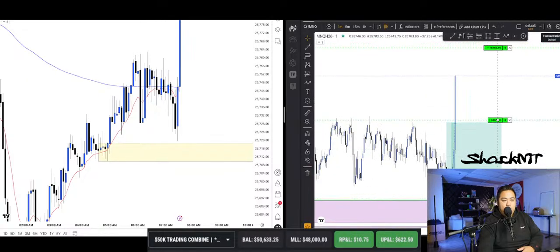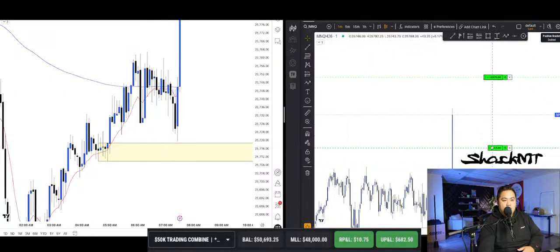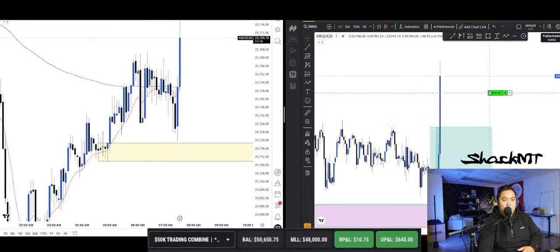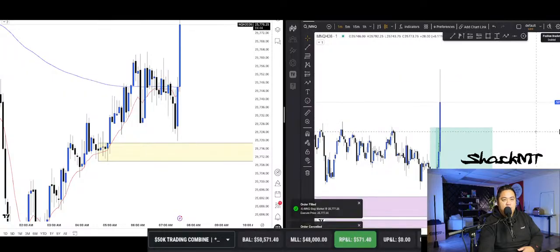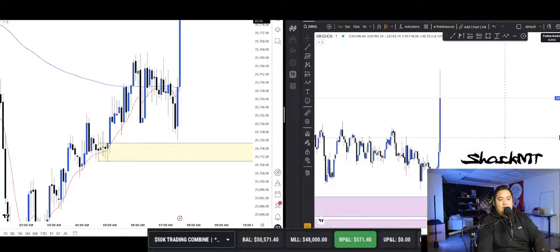I'm going to go ahead and trail up here. I'm trailing this move. Order filled. All right, we're out. W's in the chat. That was only a $500 move, but it's because I went in with only 5 contracts.